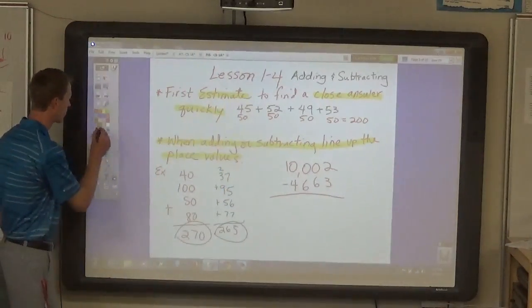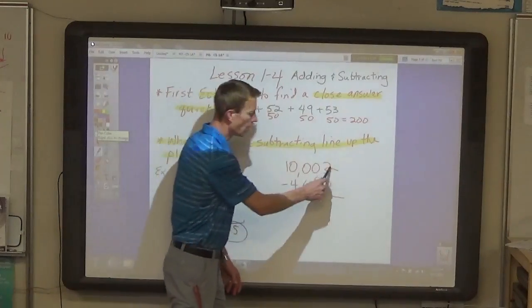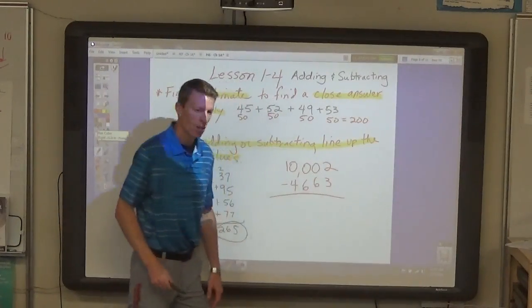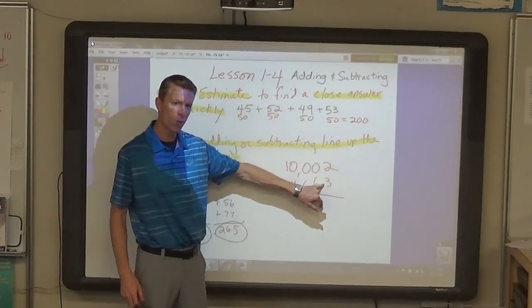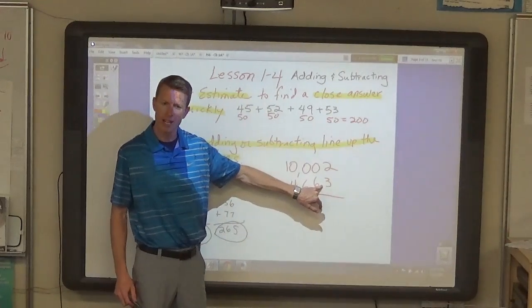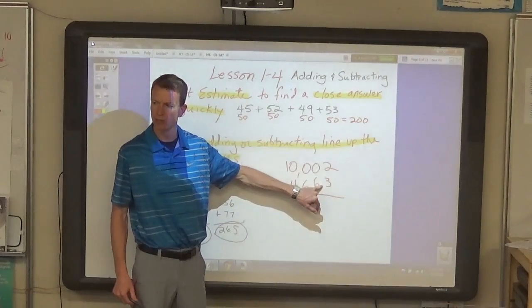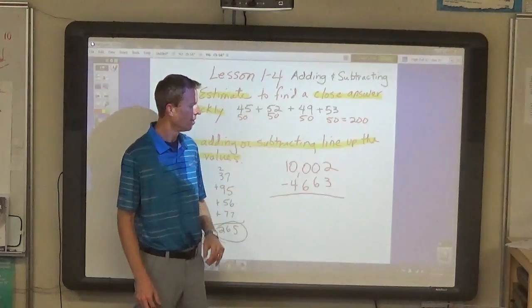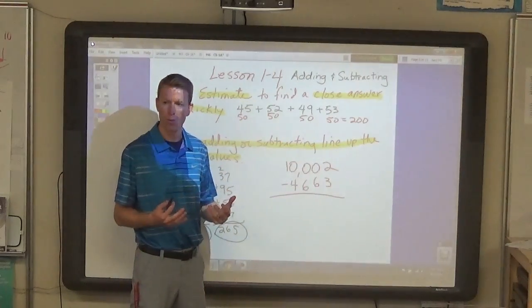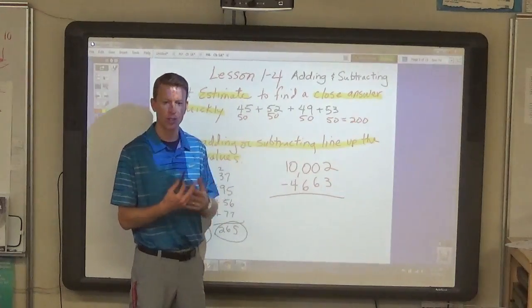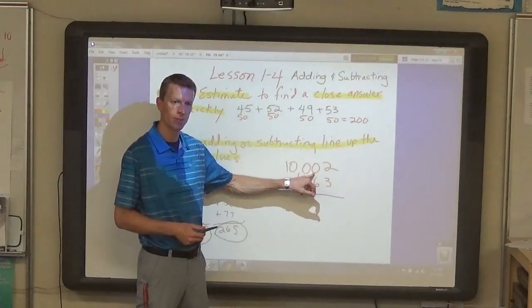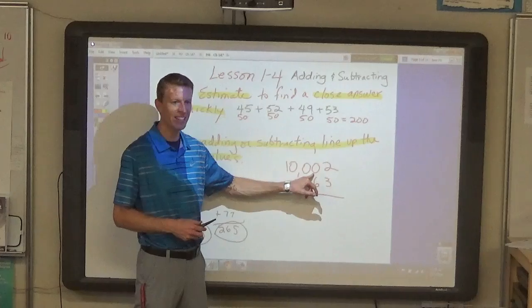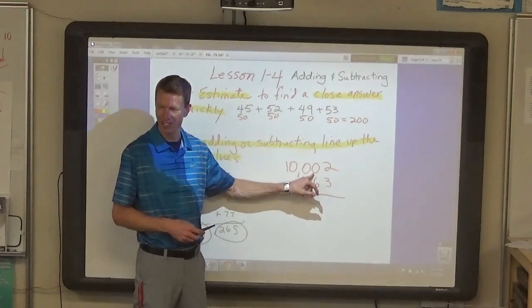Now, start in the ones place. We have 2 ones. We need to take away 3. Can you take away 3 from 2? Not when you're doing subtraction like this. So we need some more ones. We're going to have to get them from the tens column. The problem is we don't have any tens in this number.